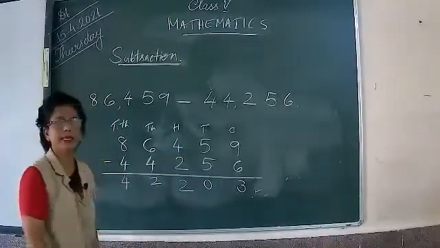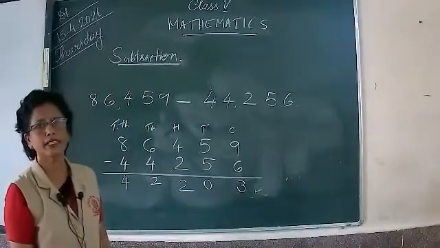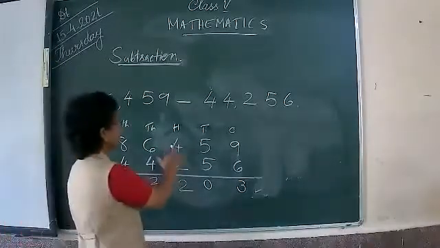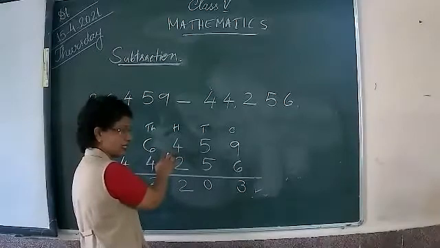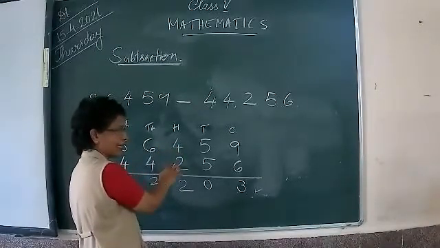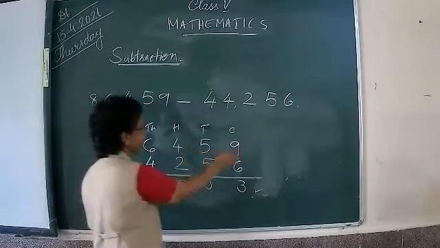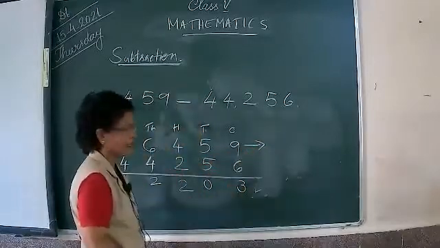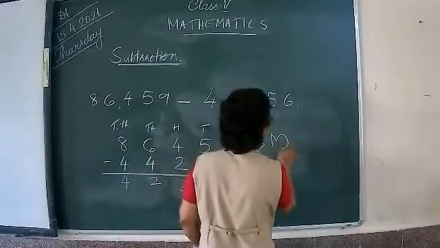And one more thing you have to remember in subtraction is, the number from which we subtract is the bigger number, the greater. From this number we are subtracting the smaller number. The bigger number from which we are subtracting, that is known as minuend.